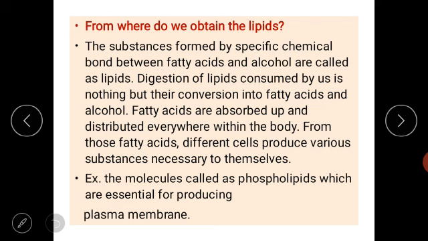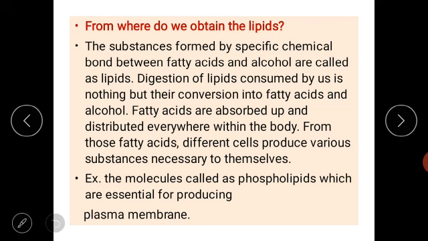By the bonding of fatty acid and alcohol. Digestion of lipids consumed by us is nothing but their conversion into fatty acid and alcohol. So ultimately, when lipid is digested and broken down, the products that we get are fatty acid and alcohol.